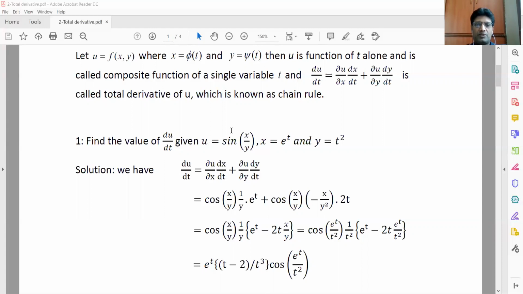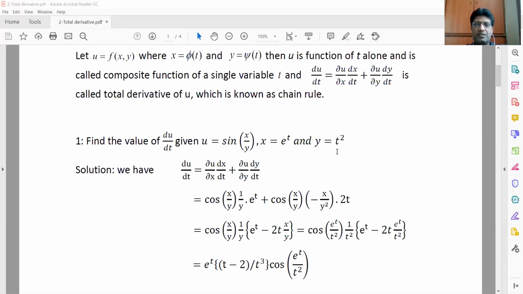Dou u by dou x, partial differentiation of u with respect to x, is sine of x by y becomes cos of x by y, and for the internal function x by y with respect to x, it is 1 by y. Next, dx by dt is e power t, plus dou u by dou y, with respect to y, cos of x by y, and for x by y with respect to y, minus x by y square.